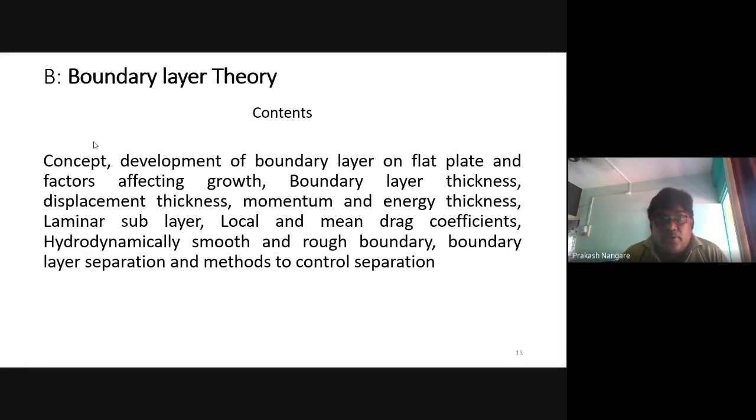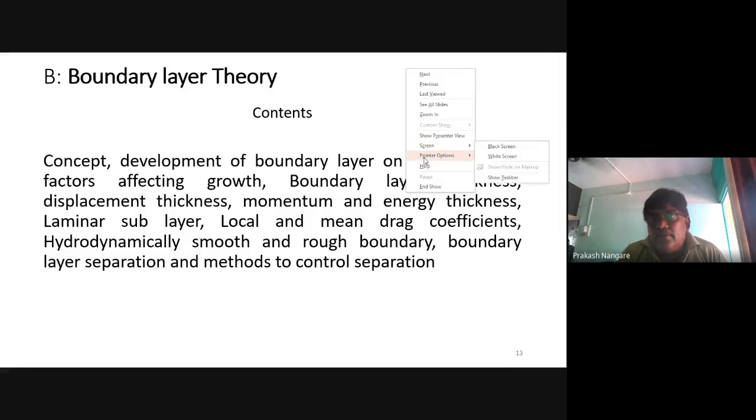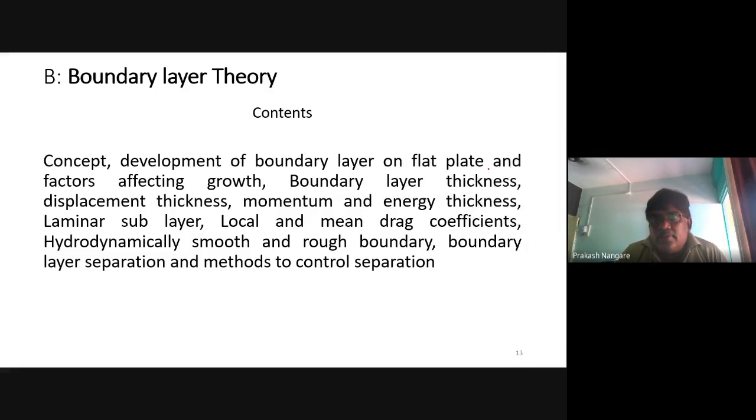Also the concept of hydrodynamically smooth and rough boundary, boundary layer separation and methods to control the separation. These entire parts are to be covered under this boundary layer theory chapter.